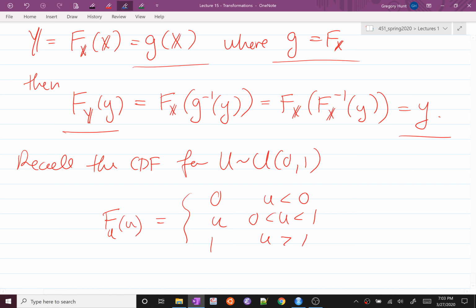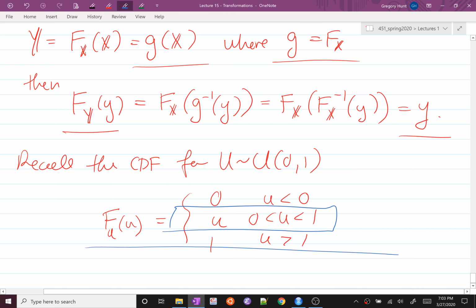And this is the case we care about. So look, the CDF of a uniform random variable is basically just the variable. It's just the identity function. F_U is just u. F_Y is y. And so this gives us the CDF of a uniform 0, 1.